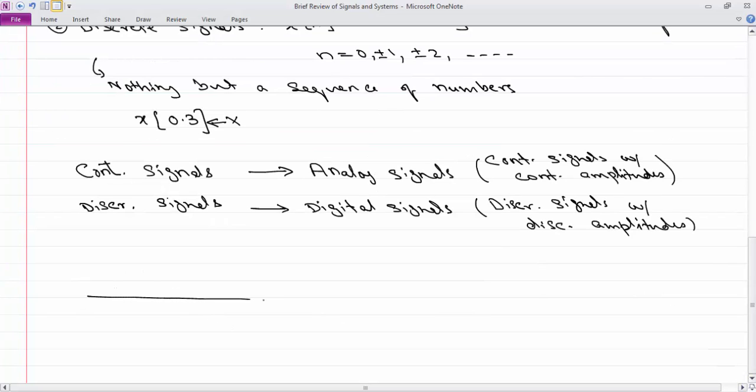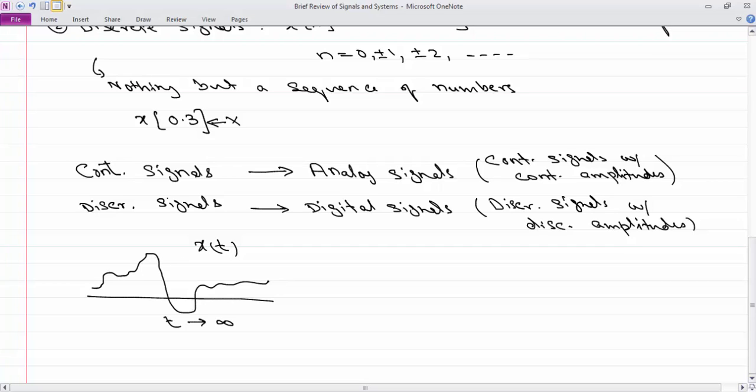So here is an example of, let's say, this is my x of t. So t is going to infinity. Of course, my signal is defined on all possible values of t. So it's a continuous signal.